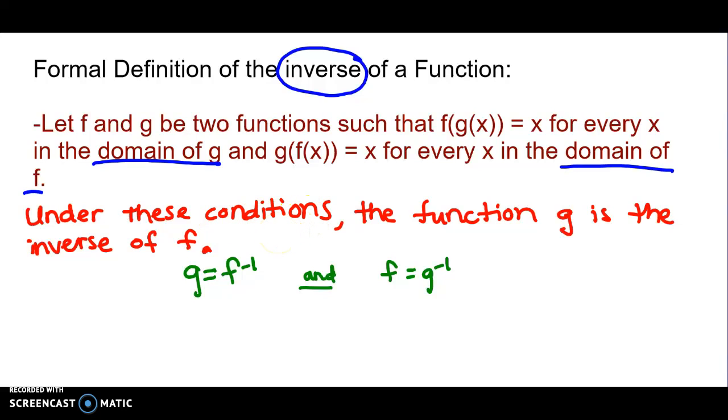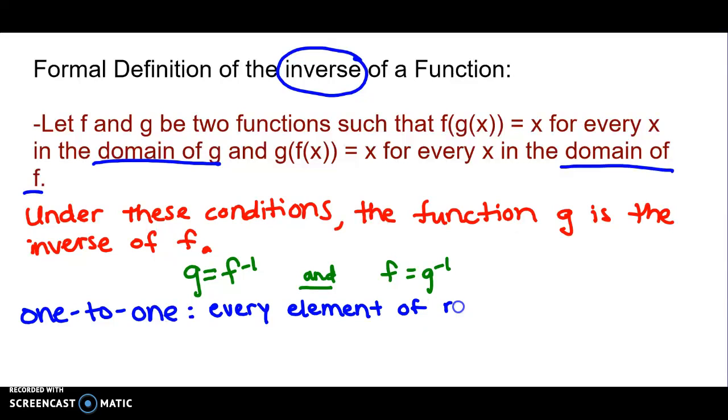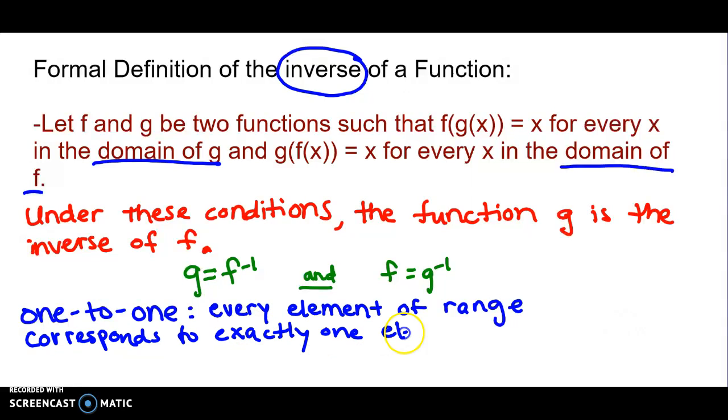Now, another thing that's really important to note is what it means to be one-to-one. We're going to write this down as well. One-to-one means that every element of the range corresponds to exactly one element of the domain.